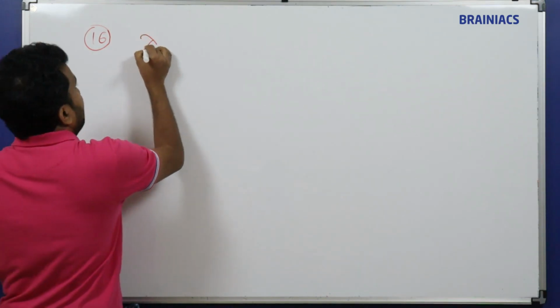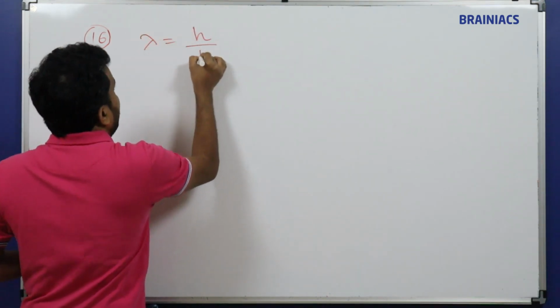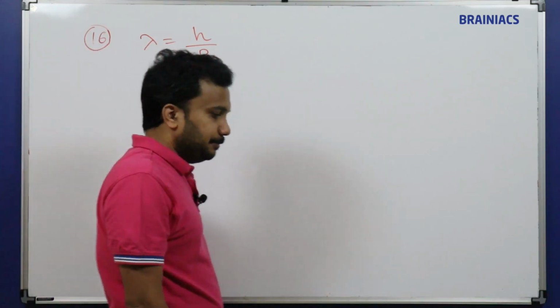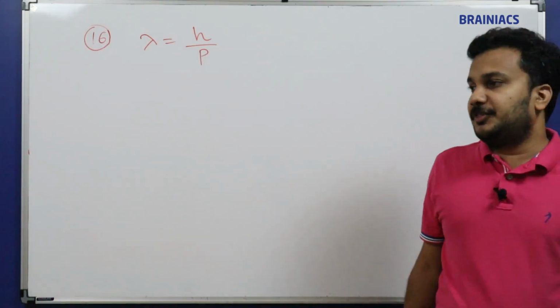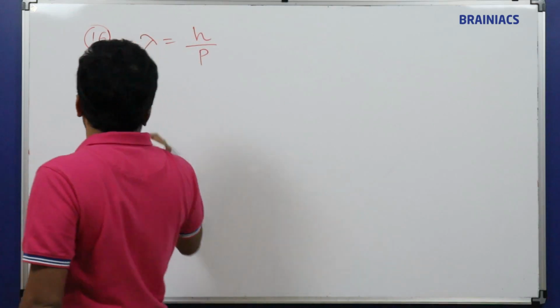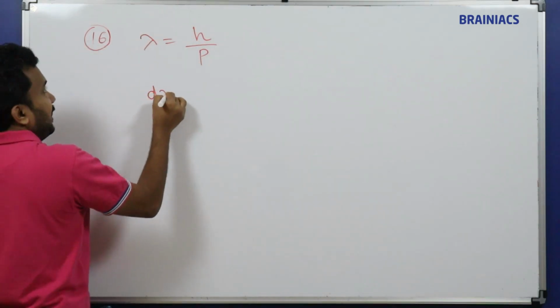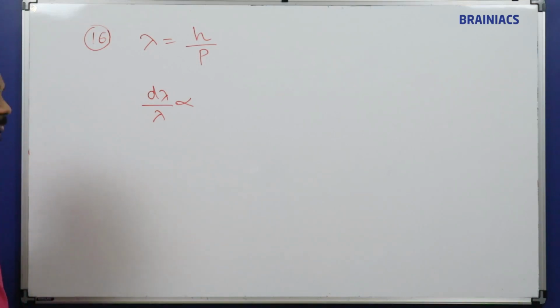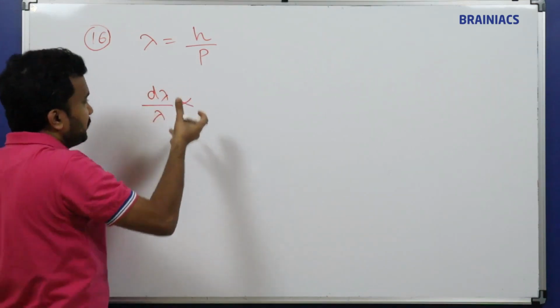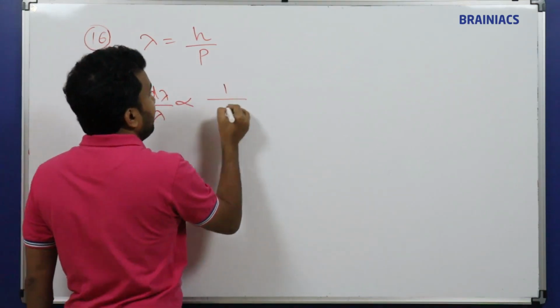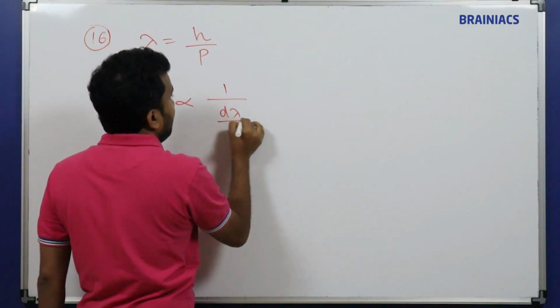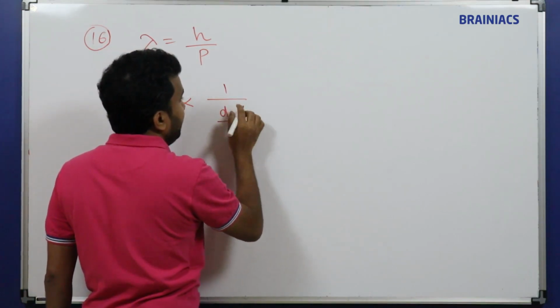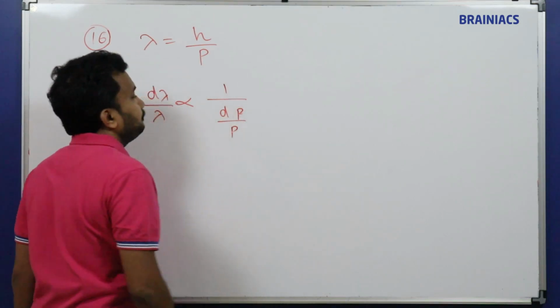So de Broglie wavelength lambda is equal to h by p. It is a change of the momentum, correct? So normally we'll say d lambda divided by lambda is proportional to, an inverse proportionality, 1 divided by dp divided by p.